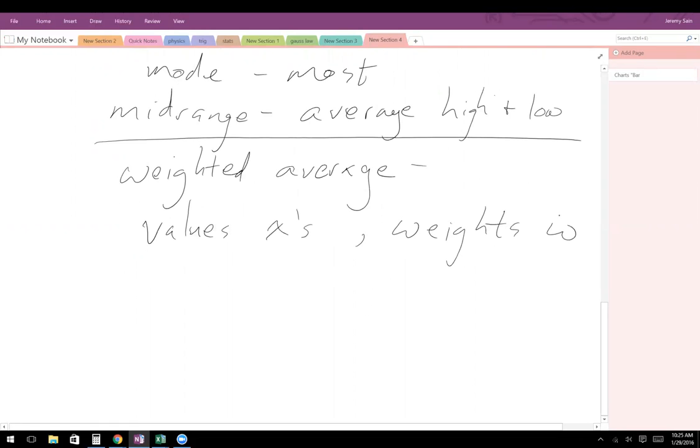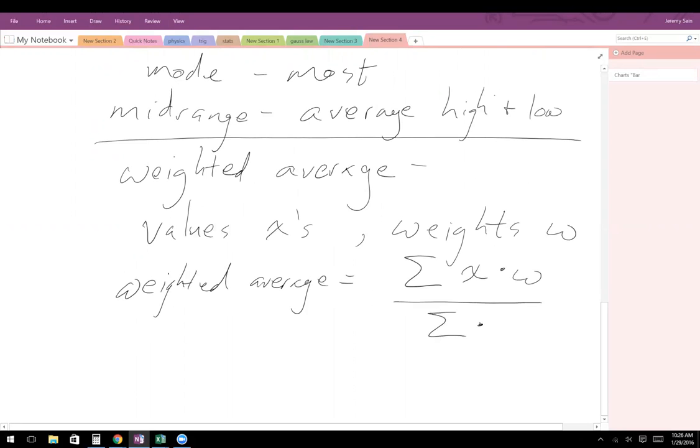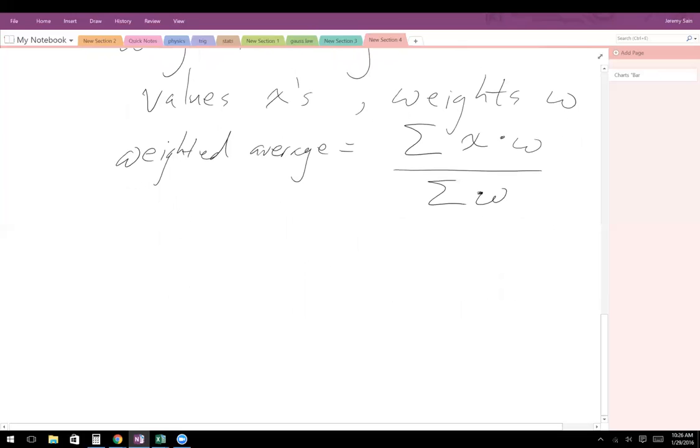So the weighted average is, well, that's a funny symbol that just means add up. So it means add up all the x's times the weights, and then divide by the sum of just the weights.